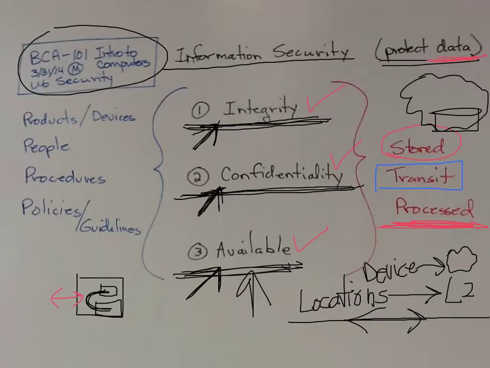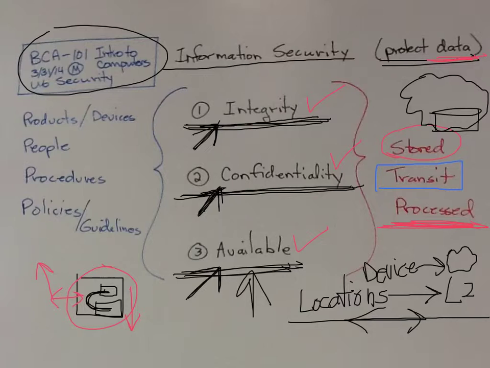Like you're doing a transaction at a store and you swipe your card, and that information from your card is being processed. Somebody can grab that and take it off to another location. This would, I guess, be an example of what happened at Target recently.